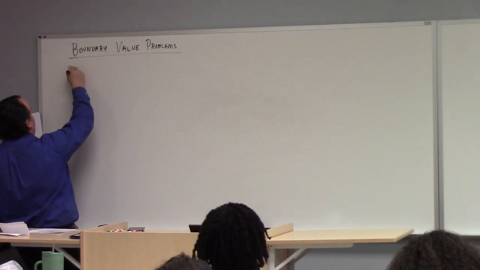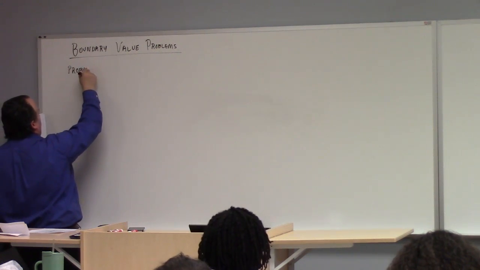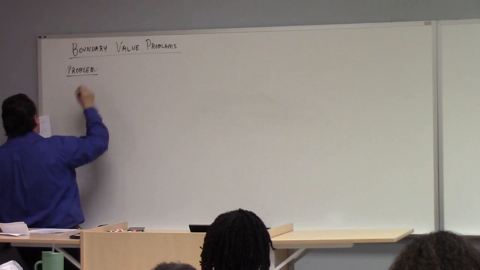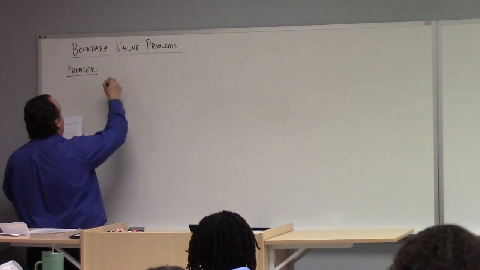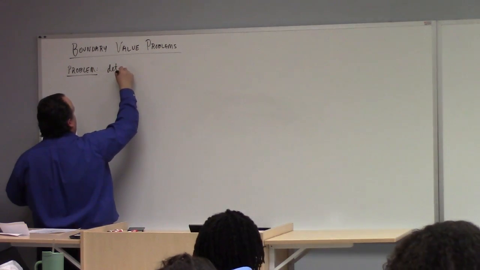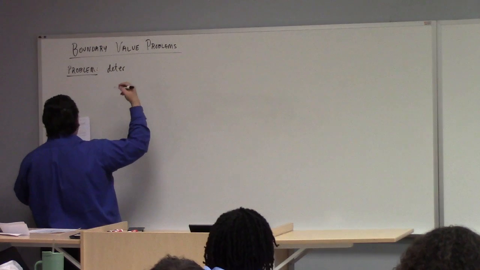So here's a problem. And we have to be a little bit cagey about it because we're going to consider not just one differential equation, but actually a whole family of them.